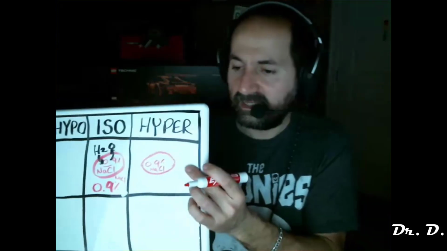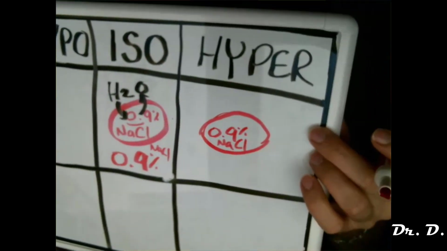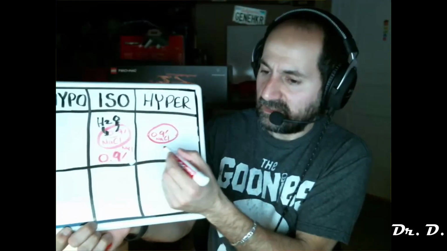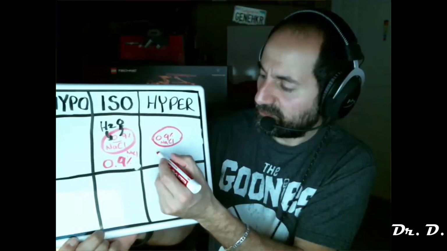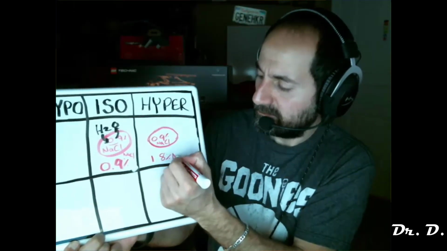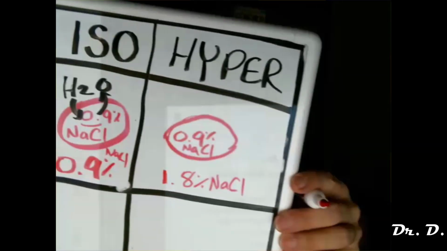Okay, but let's say in this case it's in a hypertonic environment. What does that mean? That means that the water concentration is much less outside. So for example, what if I have 1.8% salt outside in the surrounding solution?